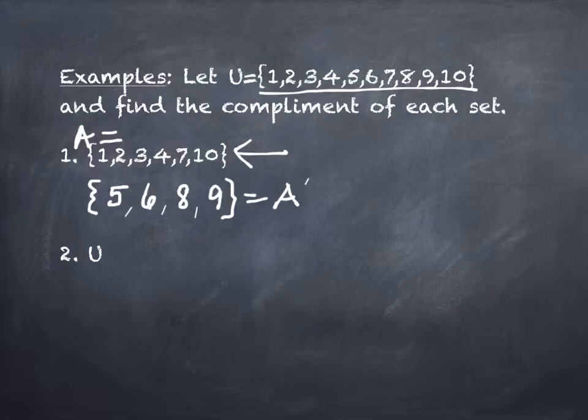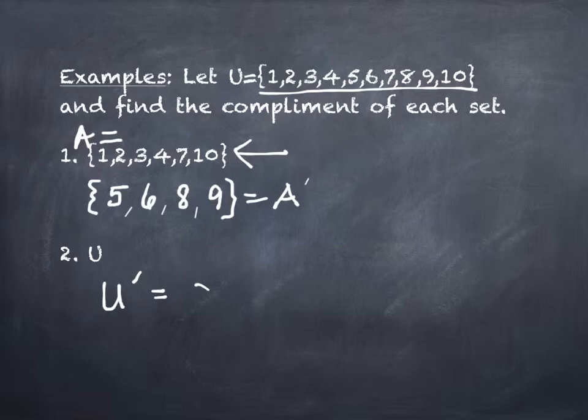Now, the universal set, this is an interesting sort of strange example, but I want you to be aware of it. And remember, complement means all the elements that are in the universal set that are not in the set we're talking about. So if we want to talk about U complement, then basically what we're saying is I want to know all the elements that are in the set U that are not in the set U. And you quickly find out that you've taken everything in the universal set and then you've removed it as well.